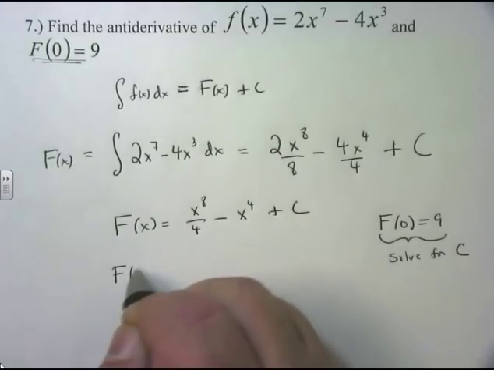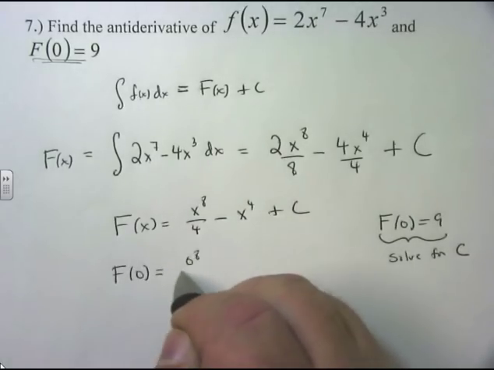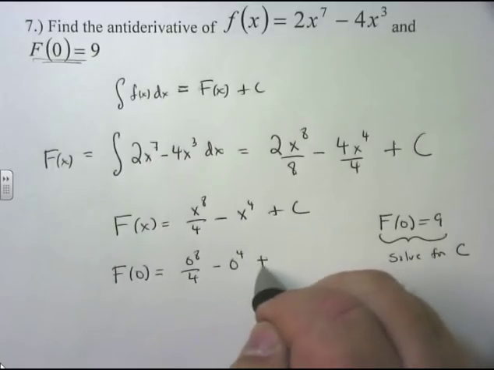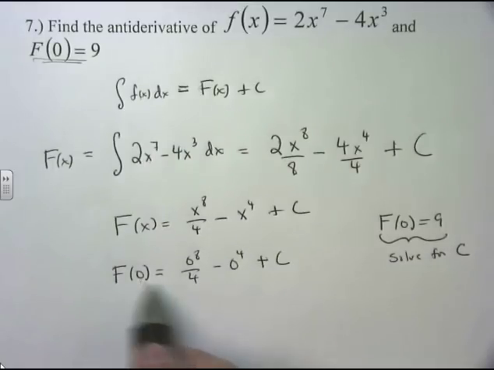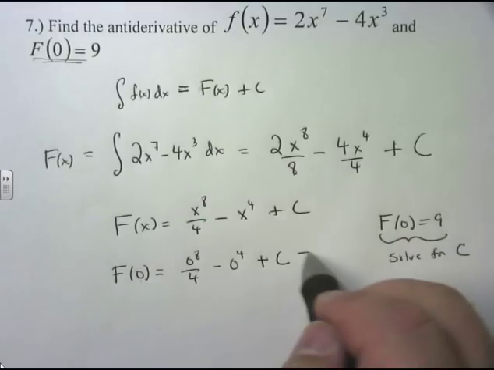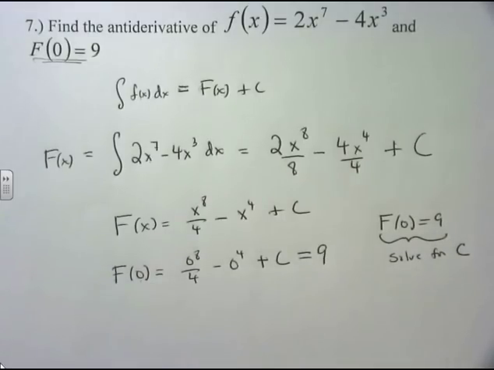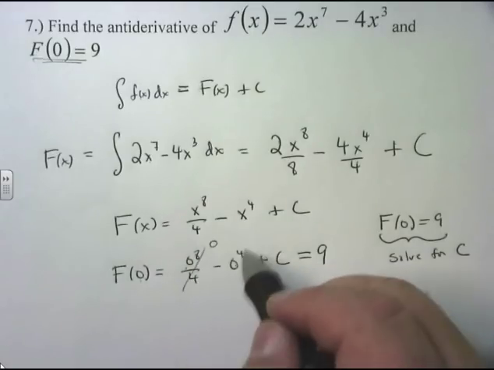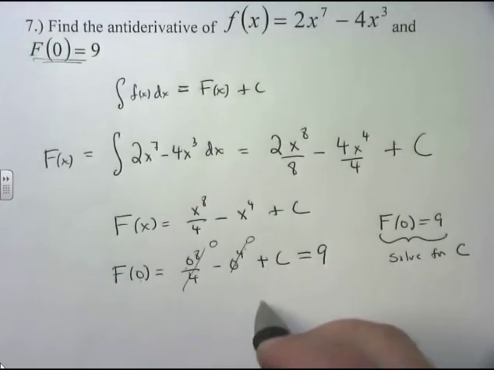F of 0 would be equal to 0 to the 8th over 4 minus 0 to the 4th plus c. All I'm doing is replacing x with 0, but that's supposed to be equal to 9. Well, 0 to the 8th is 0 divided by 4 is 0. 0 to the 4th is 0, plus c is c, must be equal to 9.